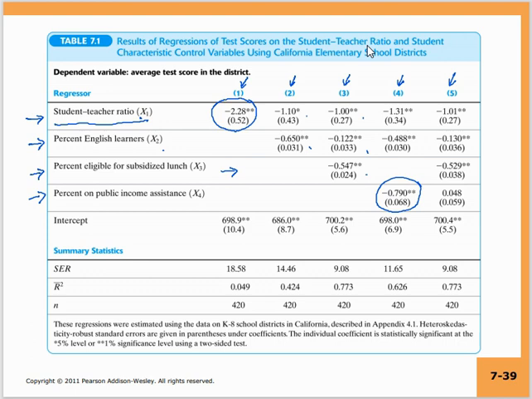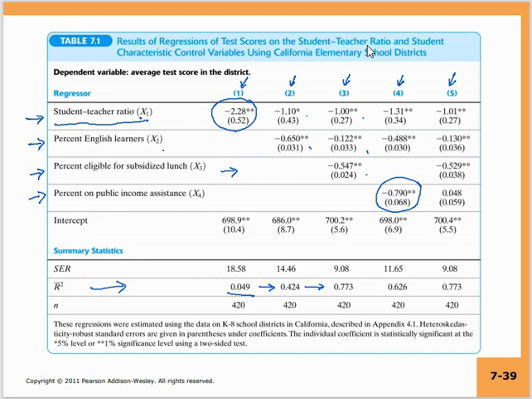Now first of all, you can look at the standard error of the regression and the adjusted R square. The model fit is given by the adjusted R square. As you can see, the model fit improves greatly when you include percentage English learners, and it improves even more when you include the third variable, which is the percentage eligible for subsidized lunch.